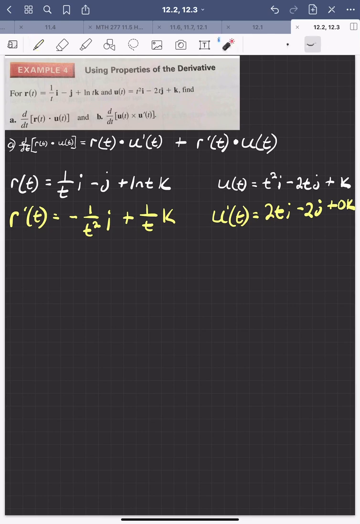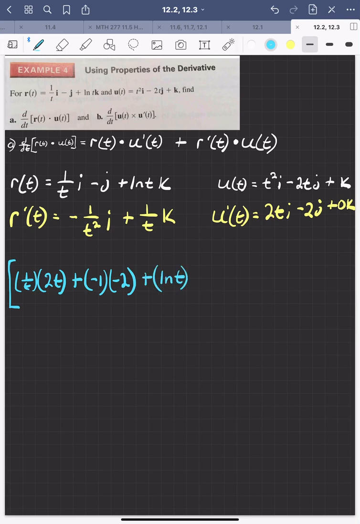So we would be taking the dot of r and u prime. Here's r, here's u prime. We need to take the dot of that plus the dot of r prime and u. I'm going to go ahead and just jump into this. So we have 1 over t times 2t, plus negative 1 times negative 2, plus ln of t times 0.